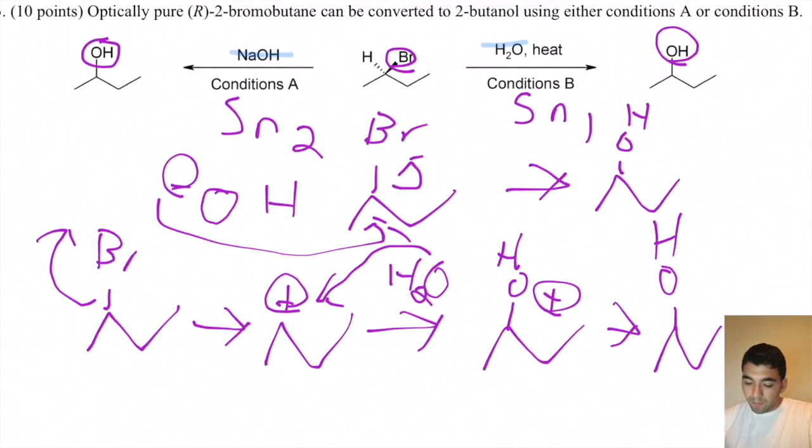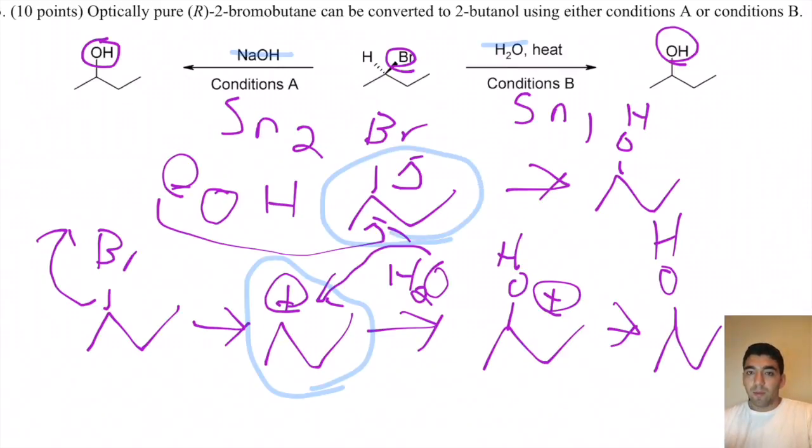In SN1, because we have this intermediate here that has no say whether it wants to be R or S, we're going to end up with a racemic mixture, as opposed to up here, when we have that backdoor attack, when it takes that spot of the Br, it pushes it away and pushes a new group in that spot, and it takes a new spot and flips, inverts its optical purity.